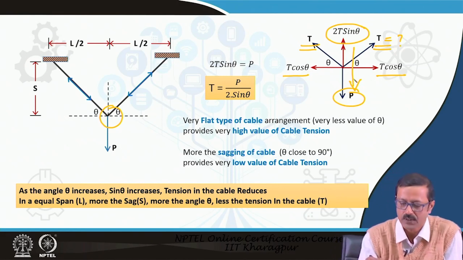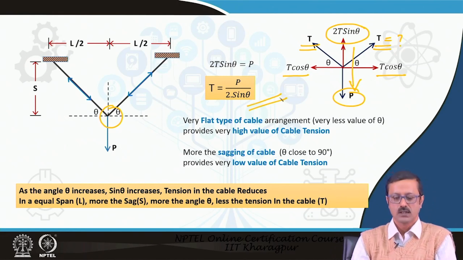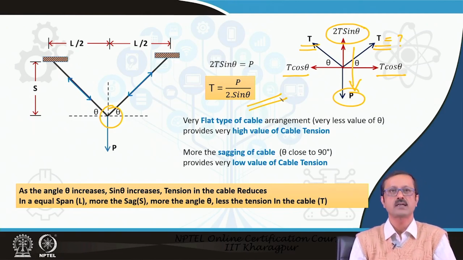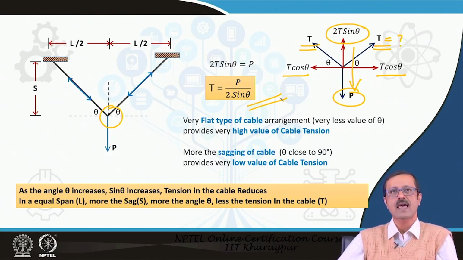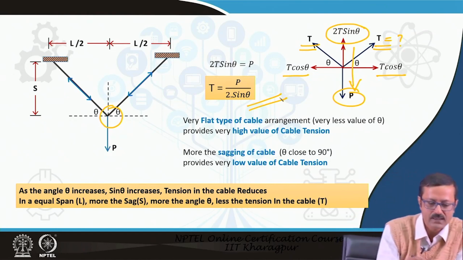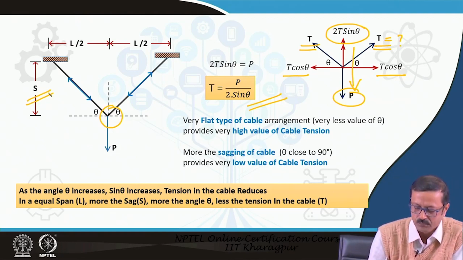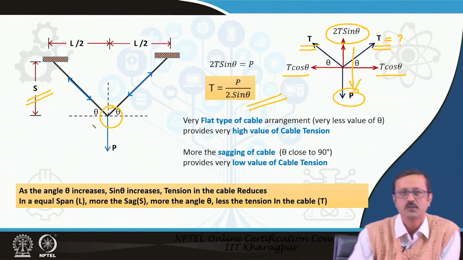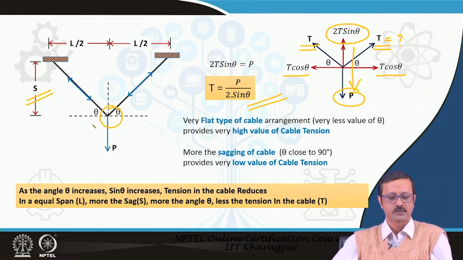From this equation some interesting conclusions may be drawn. The first conclusion is that if the span L is fixed, as and when the sag S is higher, the angle theta will be higher, because tan theta will be higher.